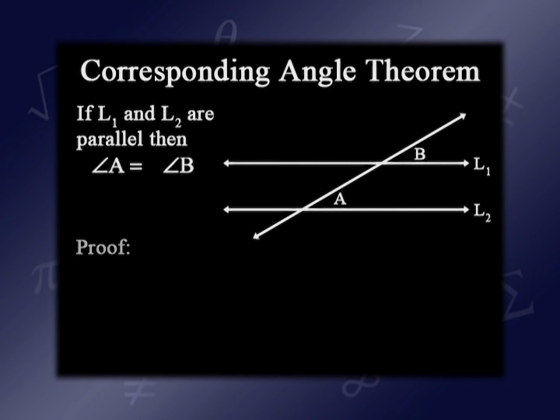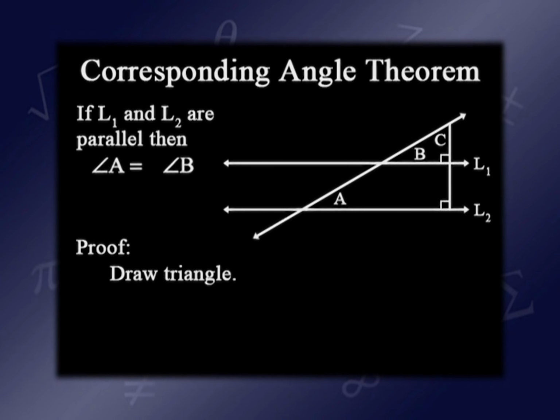Here's the proof. We're going to prove this by drawing a new line in our picture so as to create 2 new right triangles. Consider that point C up there and cut that line through L2 and L1 so as to form 2 right angles.